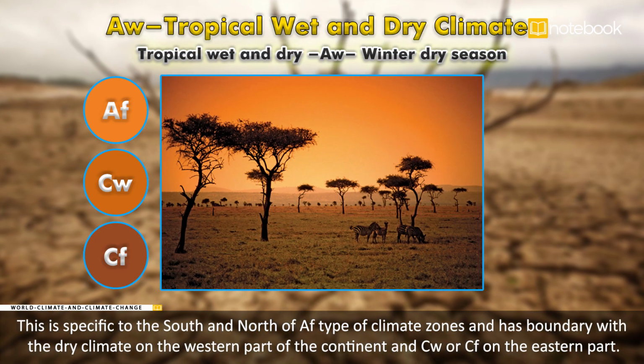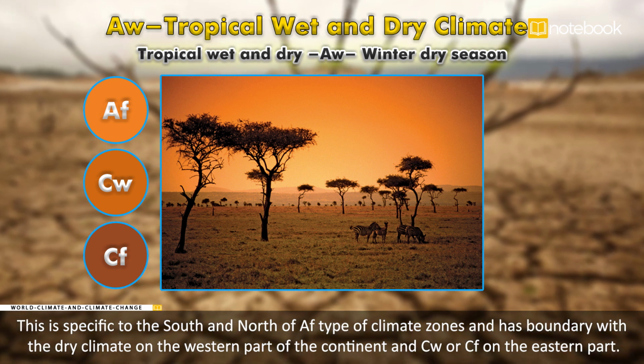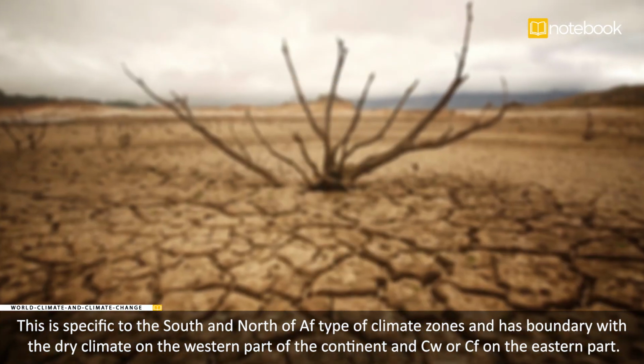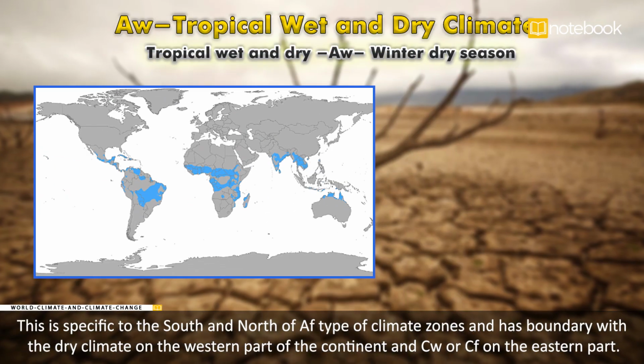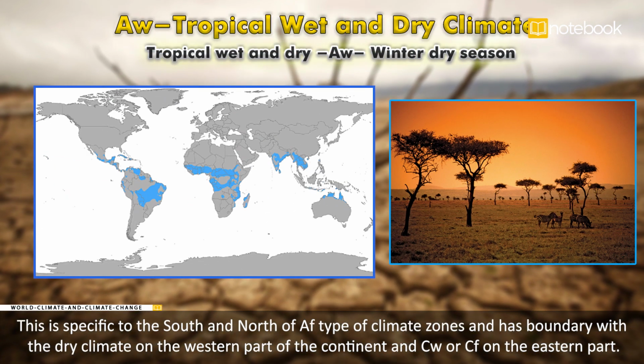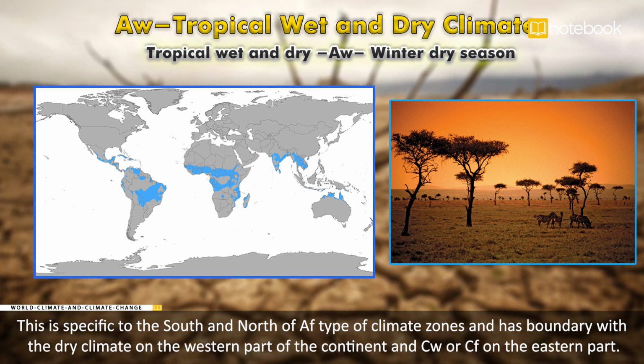This is specific to the south and north of the Af type of climate zones and has a boundary with the dry climate on the western part of the continent and Cw or Cf on the eastern part.